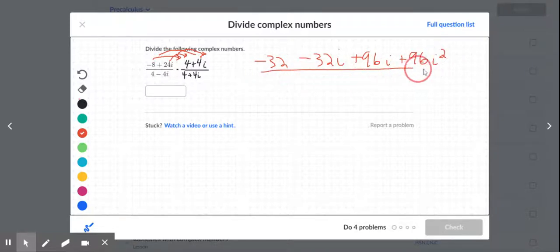All right, let's do the same thing on the bottom, and then we'll clean it all up in one step. All right, on the bottom, that's 16. You'll notice a pattern that happens on the bottom when we do these.